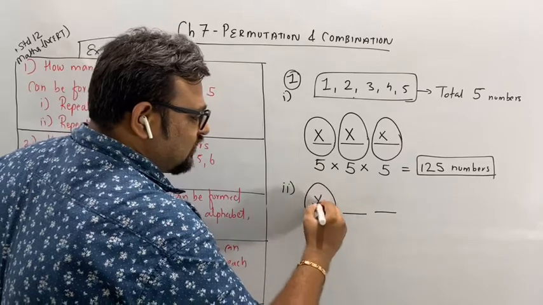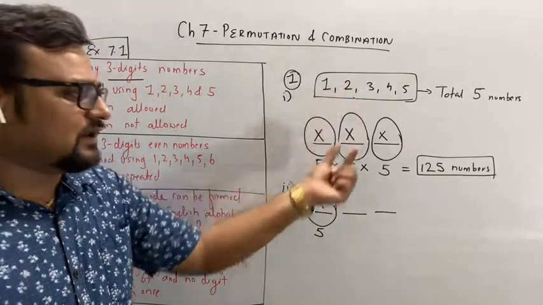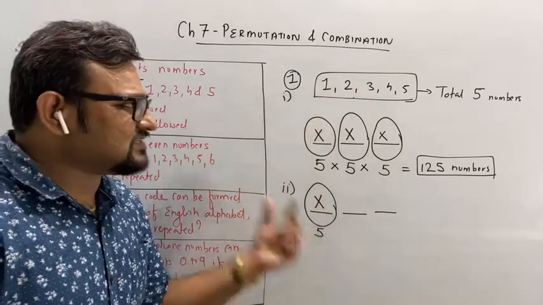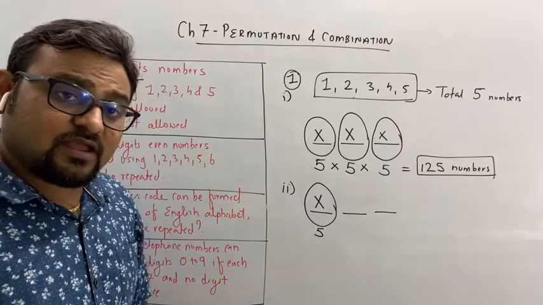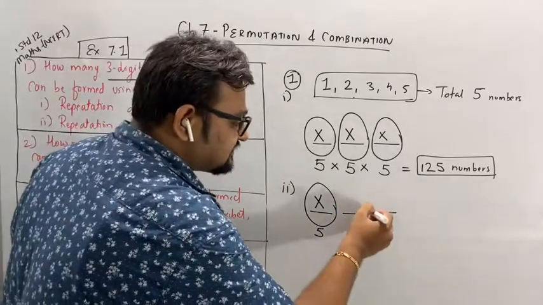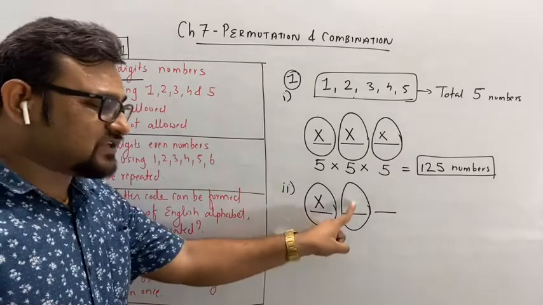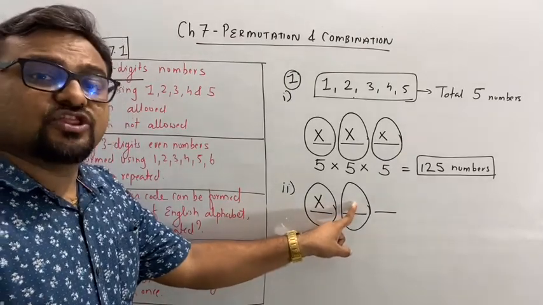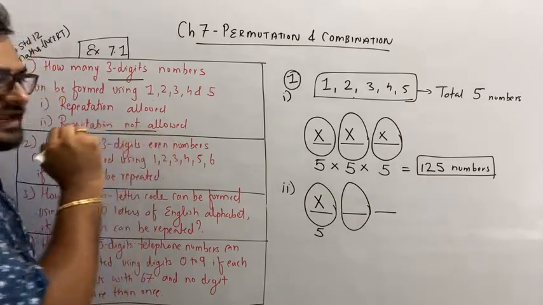Let's take that I have filled this place. I have selected any one number and put here. Let's say I have selected three and I put here three. Now for this, how many options do I have? Can I place 3 here again? No, because repetition is not allowed.